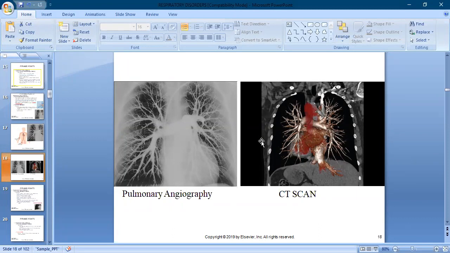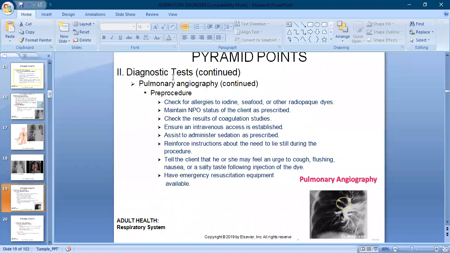And here showing the CT scan. The CT scan is viewing the substructure very visually, right? So here showing pulmonary angiogram pre-procedure and after procedure.